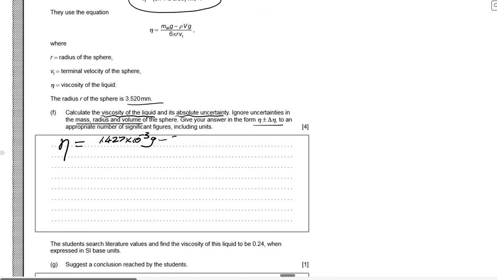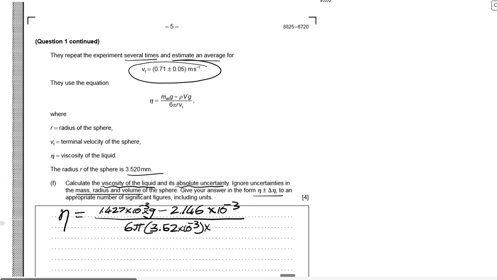So we have 2.146 times 10 to the negative 3, right? And now we have, there's a g here by the way, so don't forget about that. And we have 6 pi, we're given r, 3.52 times 10 to the negative 3.